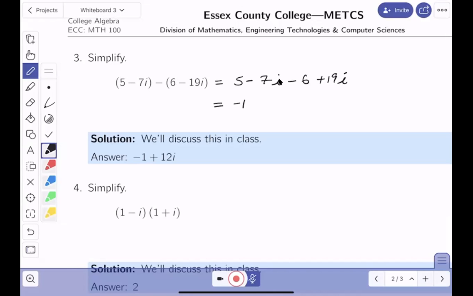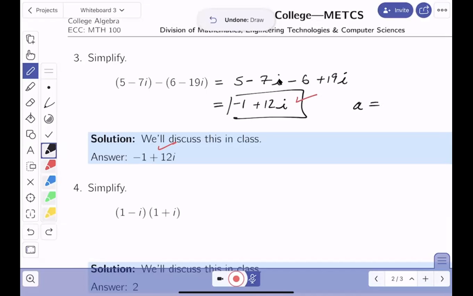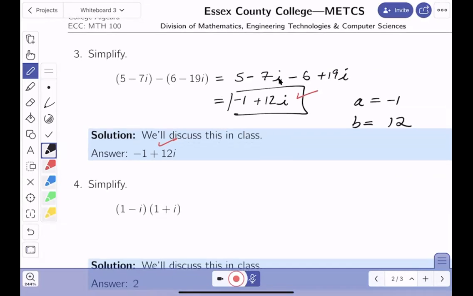Minus 7i plus 19i would be plus 12i. WebAssign may ask you what the A is. That's -1. Whoops, that doesn't look right. And they may ask you what the B is. It's 12. All right. Let's go to the next one.